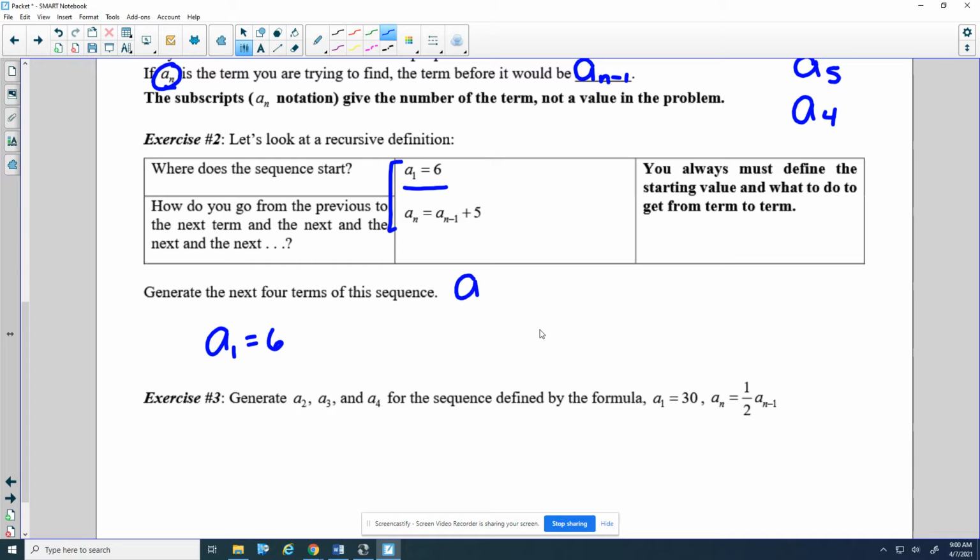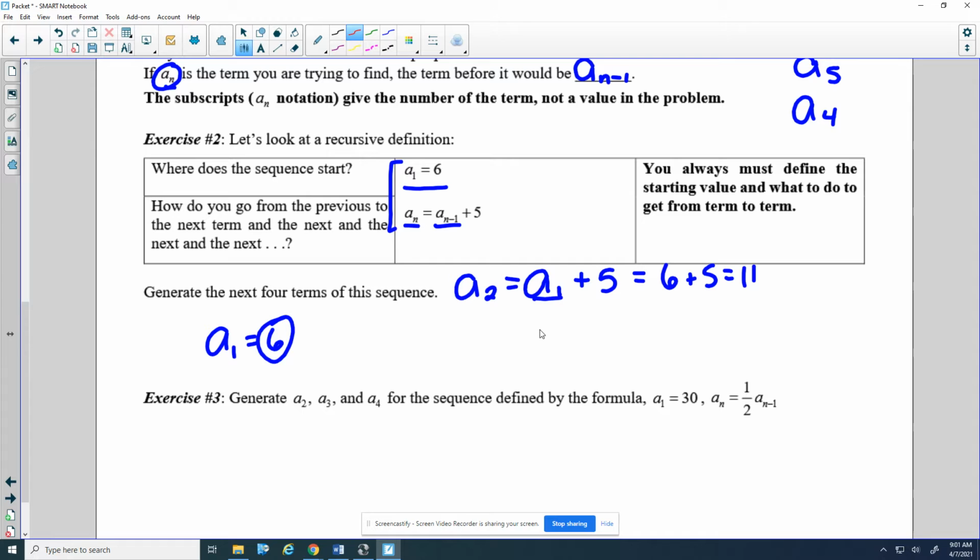One thing about recursion is I have to find the terms in order, because I need to use the one before it to find the next one. So if I want to find a sub 2, I take the term before it, a sub 1, and add 5. A sub 1 is 6, so 6 plus 5 is 11.